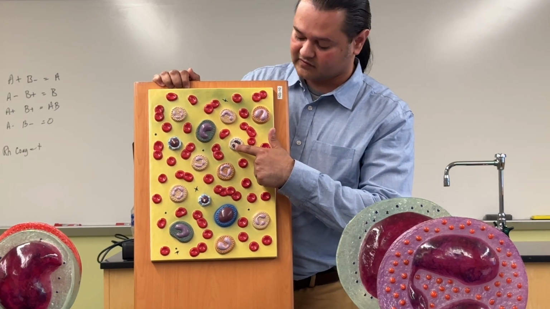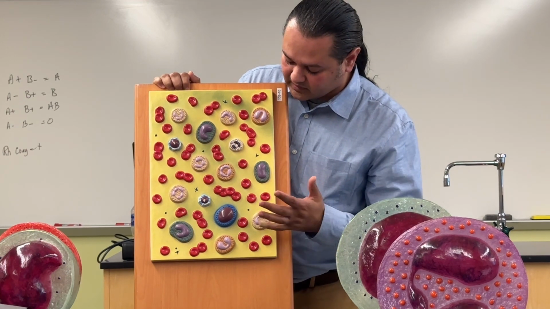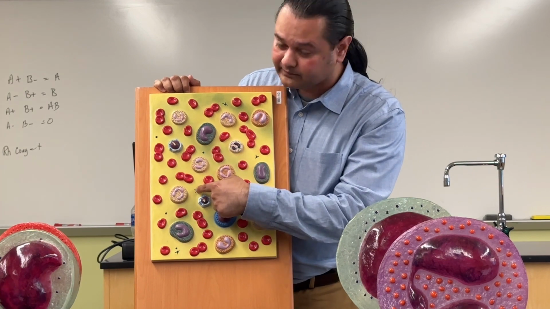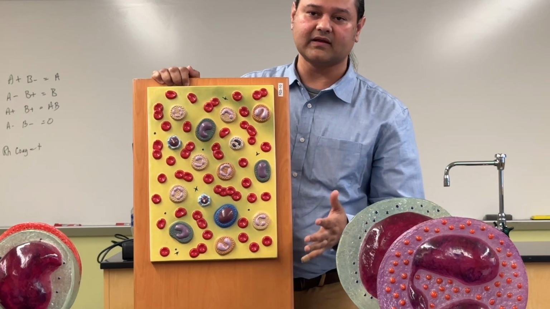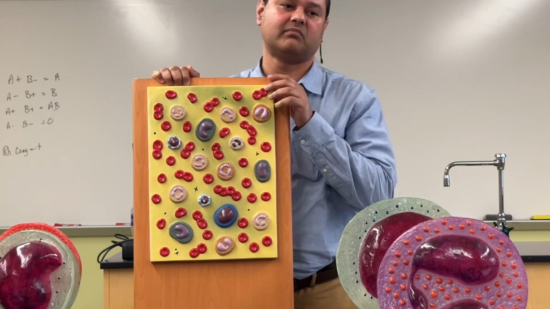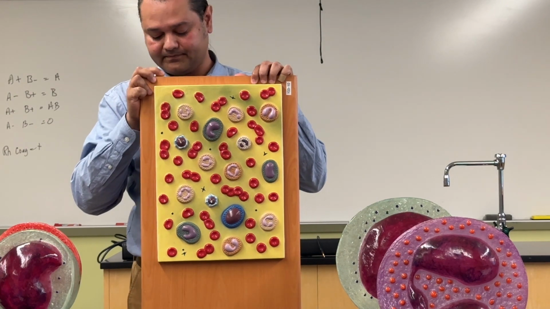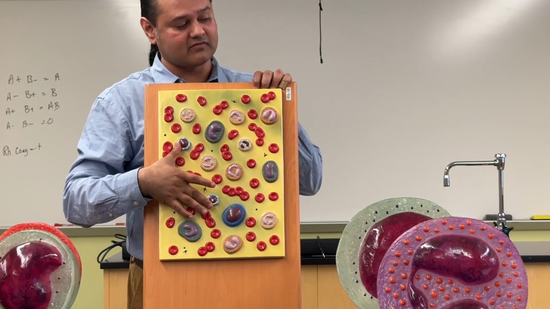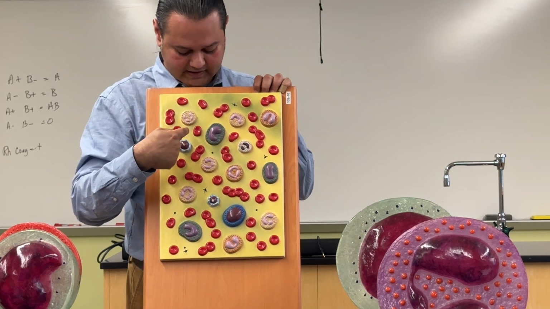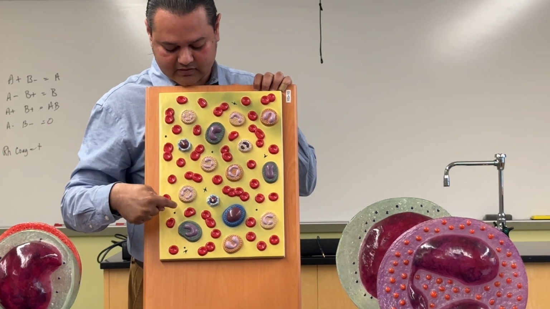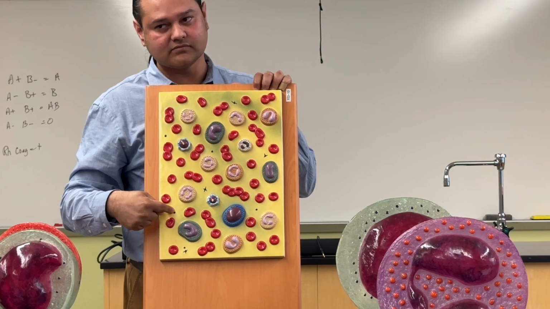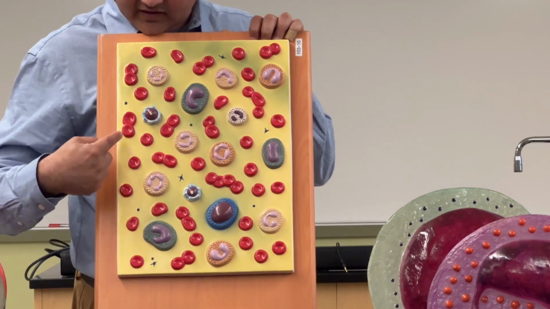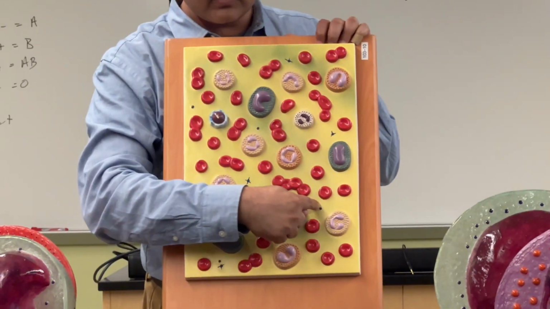Now, platelets are these little blue things. What is the only other cell that's blue? The lymphocyte. Correct, they're sky blue, but not this color. You see the color for the platelets, they're blue?